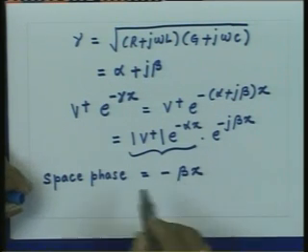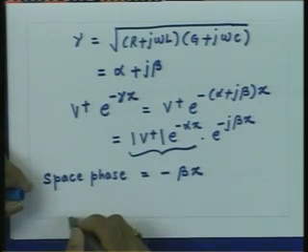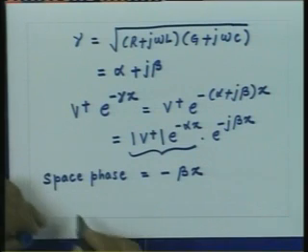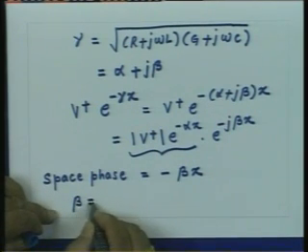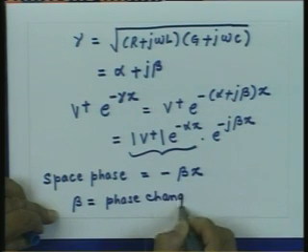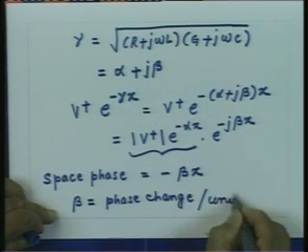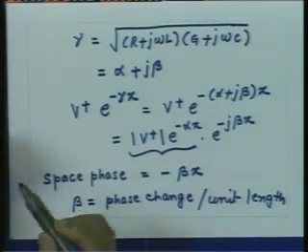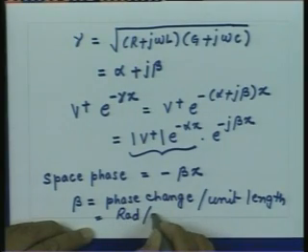Since this quantity beta x is the phase, beta essentially represents the phase change per unit length. So, this quantity beta is the phase change per unit length, and hence the dimension for beta is radians per meter or per unit distance.